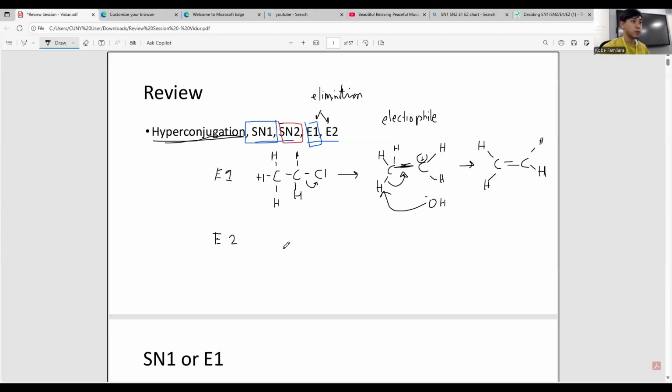So this base, this hydroxide ion, will try to get this hydrogen ion at the get-go, and then the bond between the hydrogen and carbon moves over here, causing this chlorine to leave.